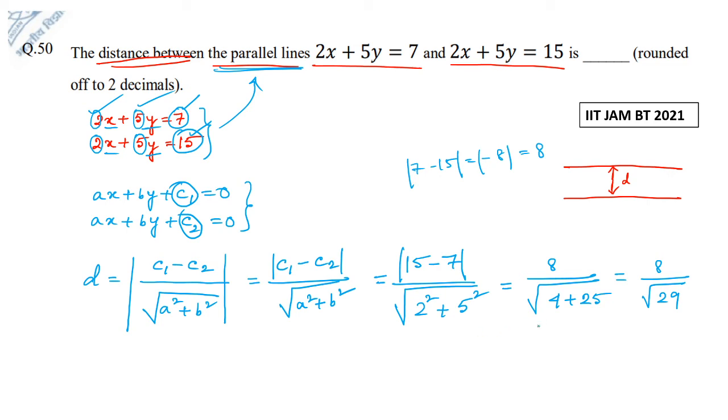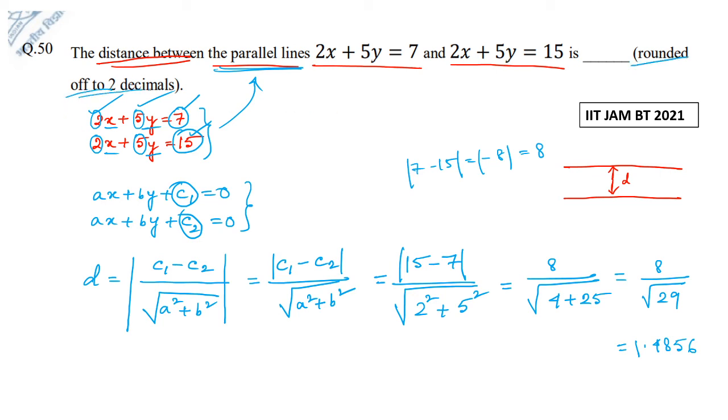And this is equal to 1.4856. So we need to round it off to 2 decimal places.